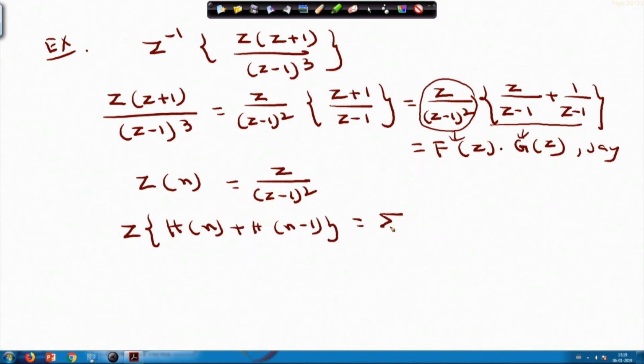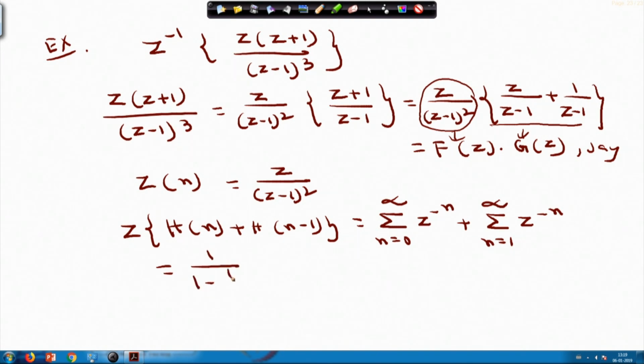So, this equals summation n equals 0 to infinity z to the power minus n plus summation n equals 1 to infinity z to the power minus n. This we have done depending upon the value of n and n minus 1. So, summation n equals 0 to infinity z to the power minus n, this is nothing but 1 by 1 minus 1 by z. This we have done for the second part.